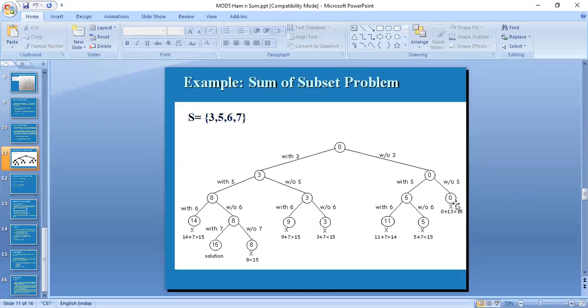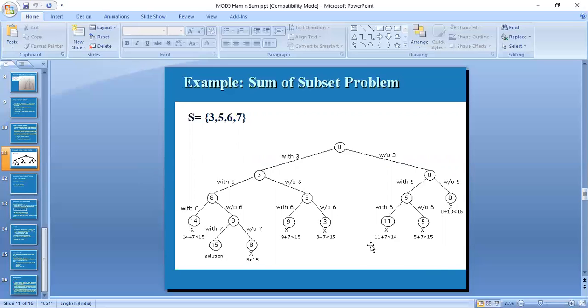What are the remaining elements you have? You have the remaining elements as 6 and 7. So 6 and 7, the value is 13. But what is the value which is updated here as s dash? It is just 0. So 0 plus 13 is 13, which is less than 15. Have you got it? This is how we will be going for the sum of subset problem.